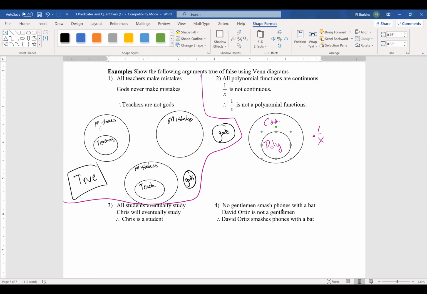Is that true? Well, it can't be inside the continuous circle, and it has to be in there to be a polynomial function. Therefore, 1 over x is not a polynomial function. And this is also true.